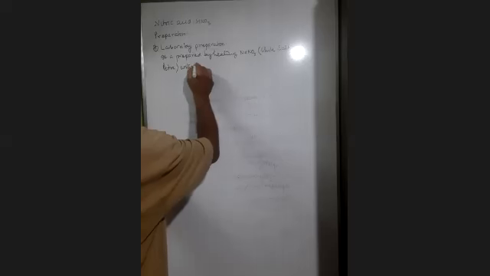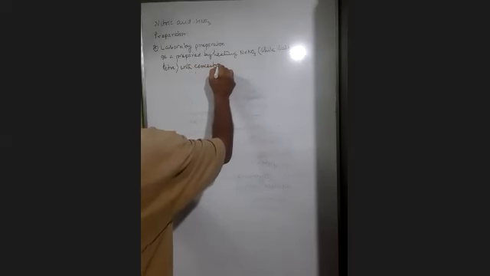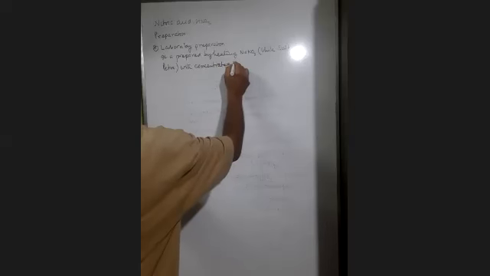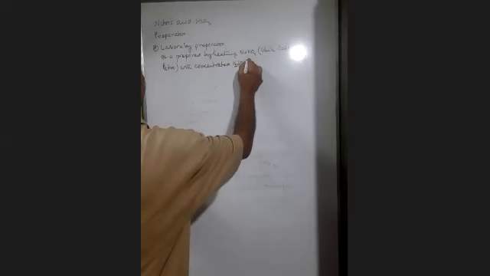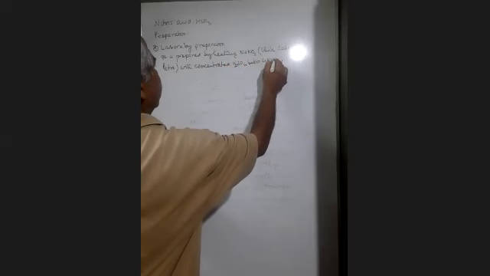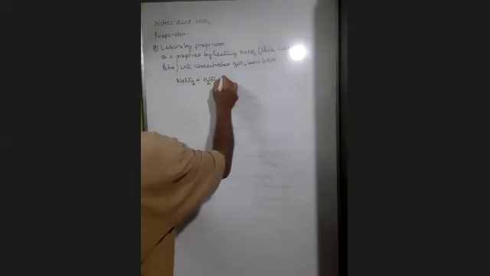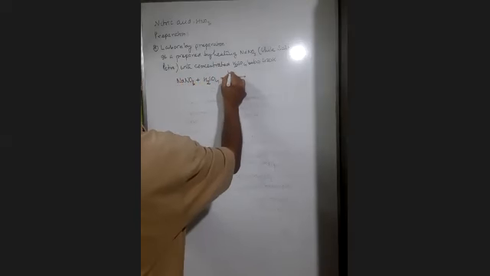With concentrated H2SO4 below 420 Kelvin. So it is NaNO3 plus H2SO4, less than 420 Kelvin.